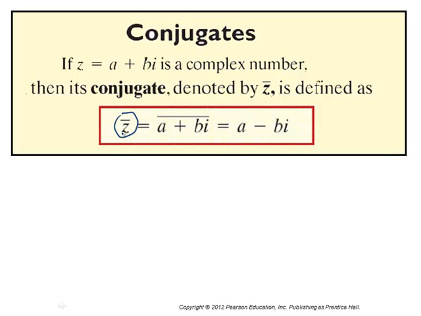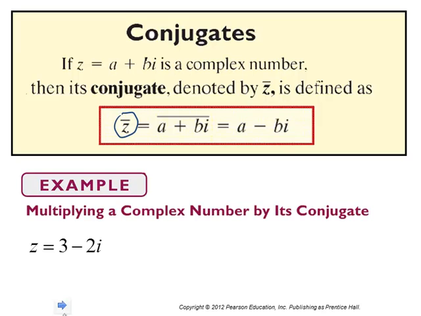By the way, we typically use the letter z to stand for your generic complex number. So for example, if you have z is equal to 3 minus 2i, then the conjugate z bar is going to be 3 plus 2i. So if this is a minus, then the conjugate's going to be a plus.